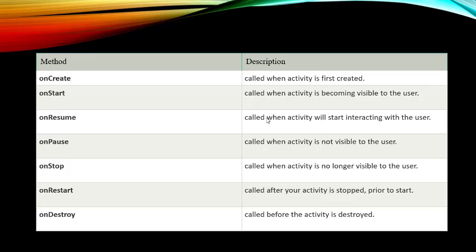onResume is called when the activity will start interacting with the user. The onPause method is called when the activity is not visible to the user. That means we are pausing the activity for some period of time so that another activity gets activated. onStop is called when the activity is no longer visible to the user. onRestart is called after your activity stops, prior to starting again.